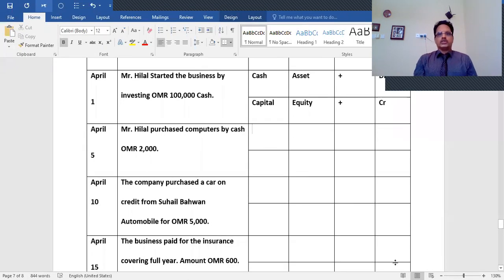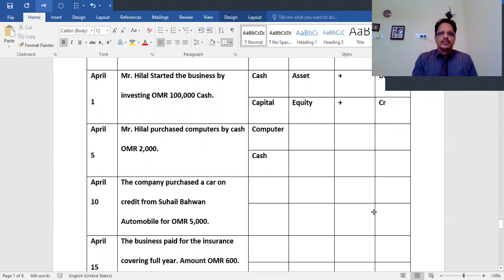Now Hilal purchased a computer by cash. Hilal is purchasing a computer and paid cash. So two accounts are computer and cash.